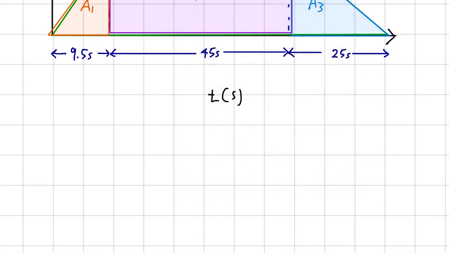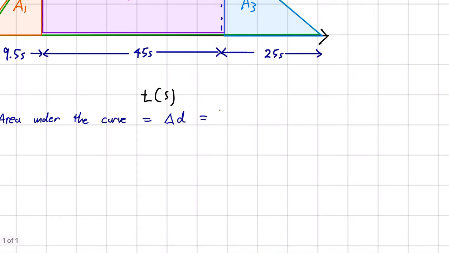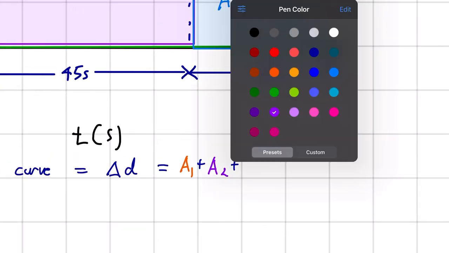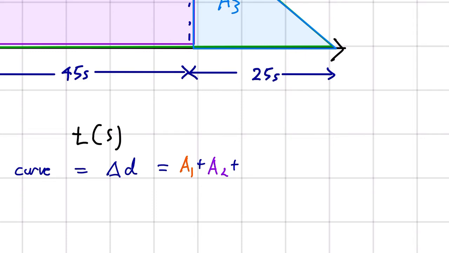And again, I want to say, write this as a note, that the area under the curve, which is equal to the displacement, is equal to A1 plus A2 plus A3.